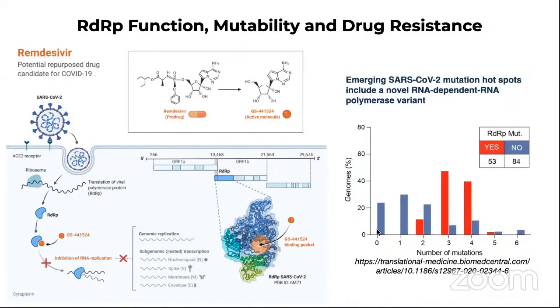And so you can see here a paper that was recently published, where emerging SARS-CoV-2 mutation hotspots include a novel RNA-dependent RNA polymerase variant, so RdRp mutations. Here you have the treated versus the untreated samples, and you can see that specifically in the treated ones, there's a more narrow distribution of these mutations, whereas in the untreated there is, on average, a rate of mutation that happens throughout the whole RdRp.